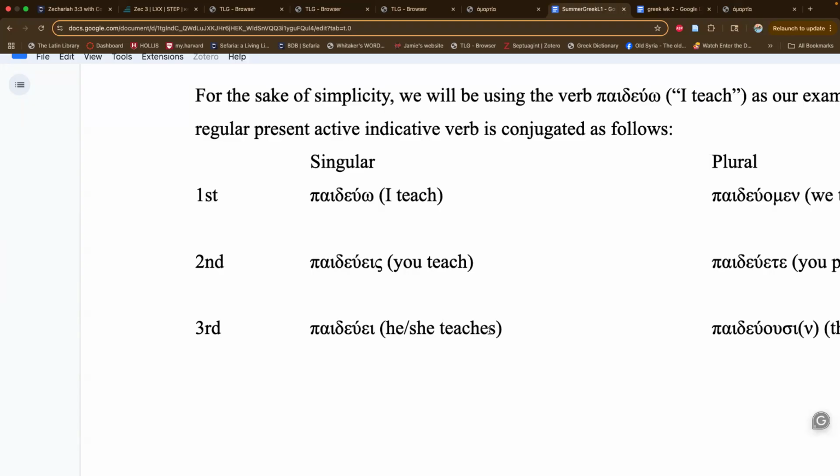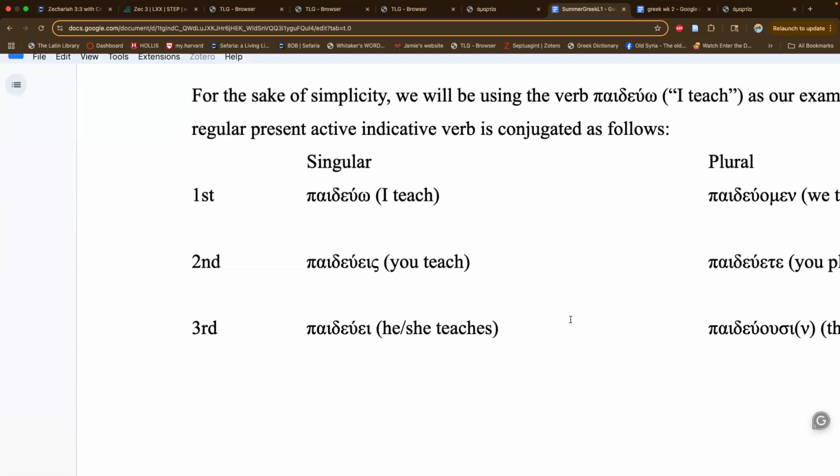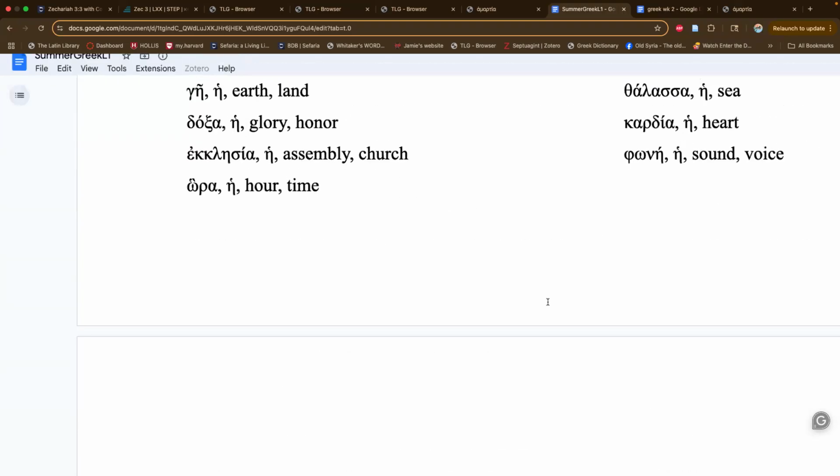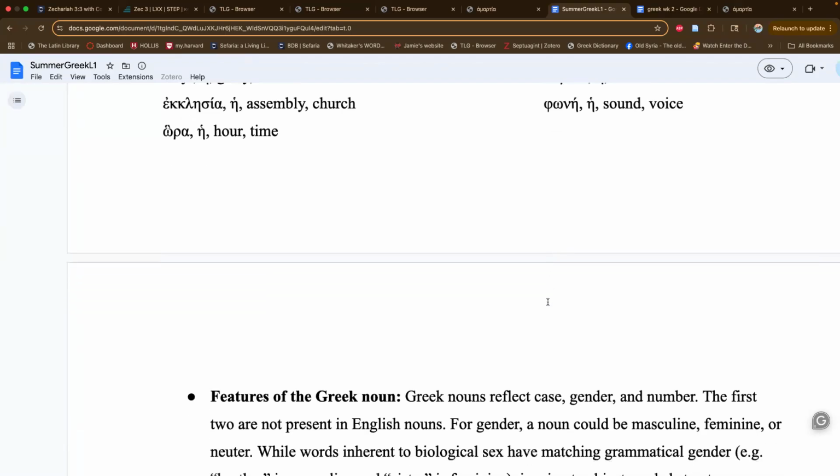Or you could supply any subject. If there's no subject, you can just give it a general he or she. But if there is a subject, which in this case we have, adelphe, we're going to use that as our subject. So adelphe thele, the sister wishes.